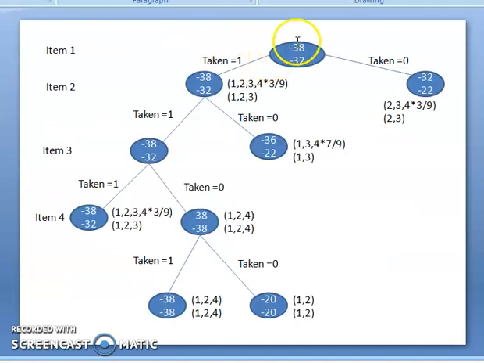I am going to calculate these 2 values. First of all, at the first level, I don't have any decision, bound or U-bound value. So I will generate for item 1 whether it is taken or not taken. When I include the first item, I calculate with first item full, second full, third full and the partial whatever can be included, and then first, second and third full with the partial not included.